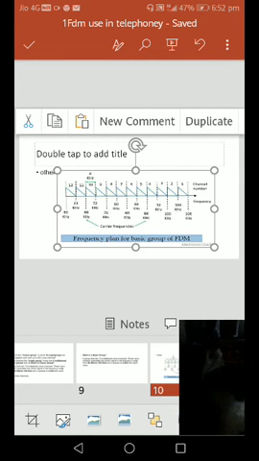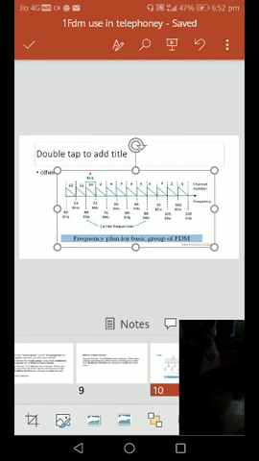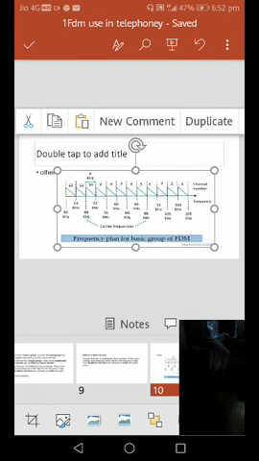Here is the frequency plan for the basic group of FDM, as shown in the diagram. First channel, second channel, third channel, fourth channel, fifth channel, sixth channel, seventh channel, eighth channel, ninth channel, tenth channel, eleventh channel, twelfth channel.